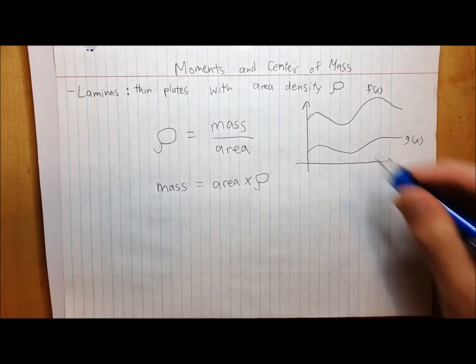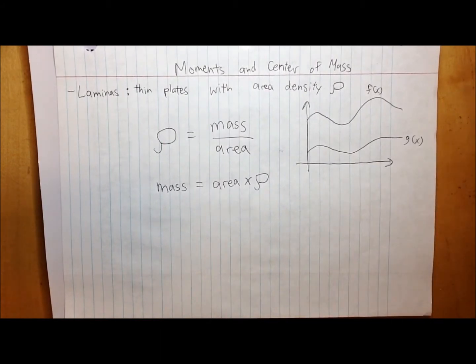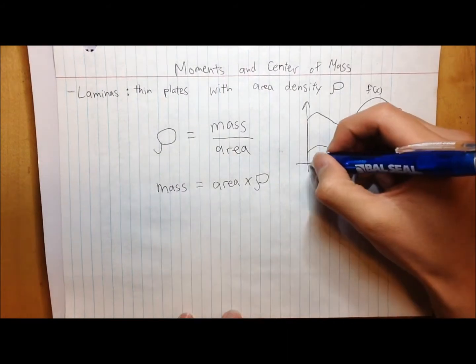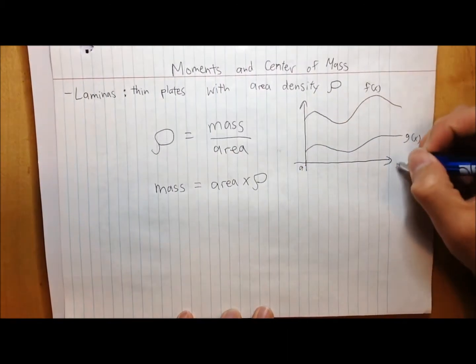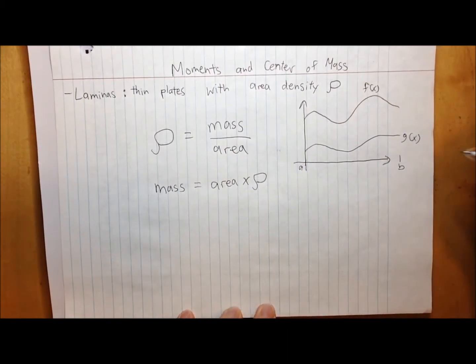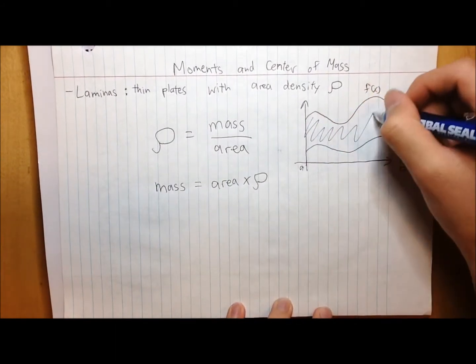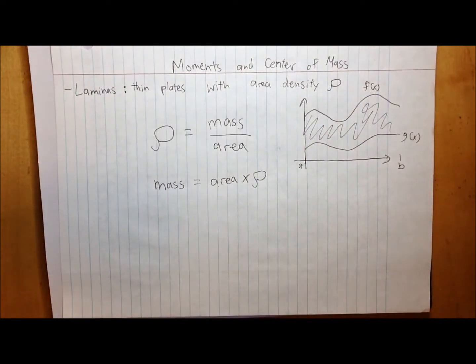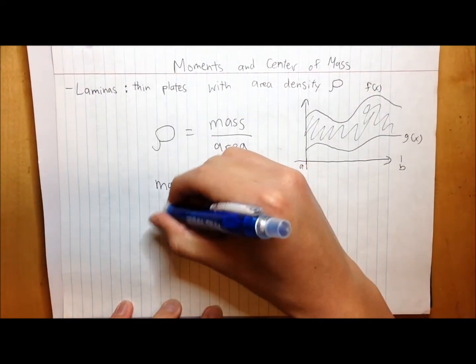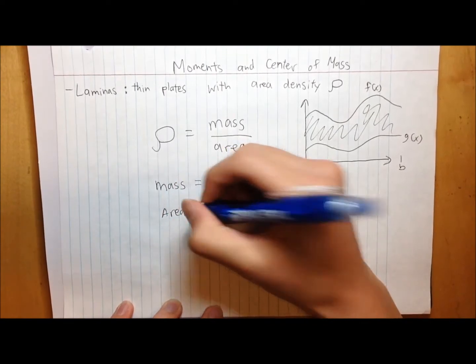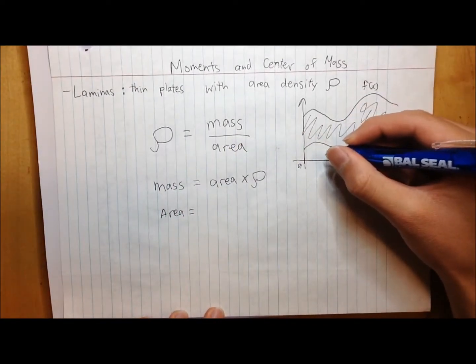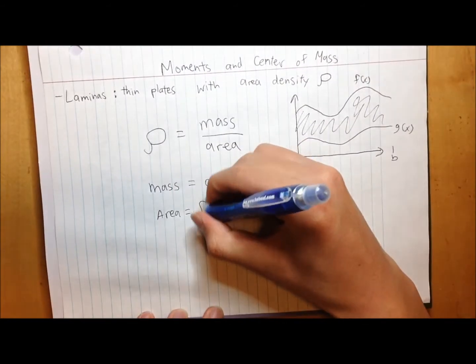We can easily calculate the area of this lamina from point a to point b. The area is basically just the area between these two functions. To calculate the area, we can just integrate f of x minus g of x dx from a to b.